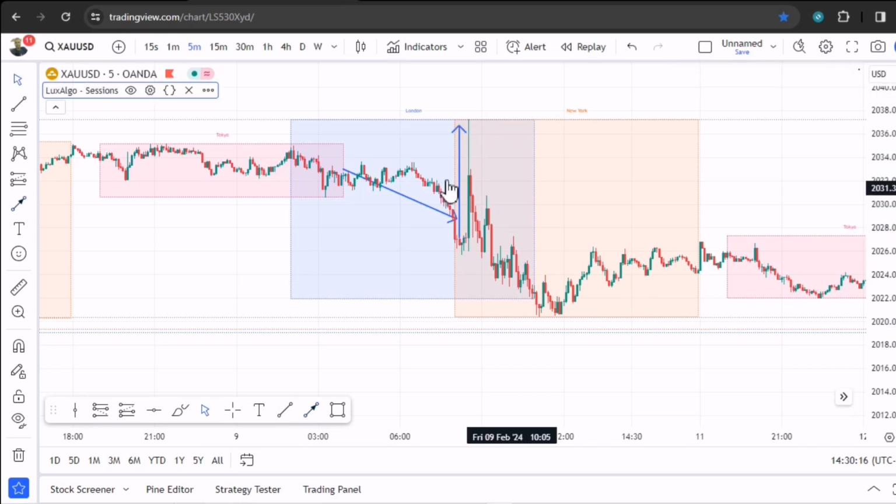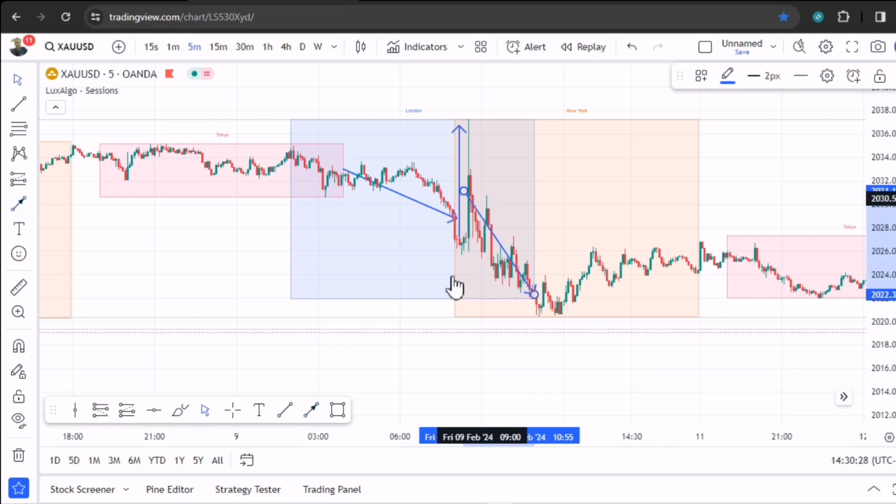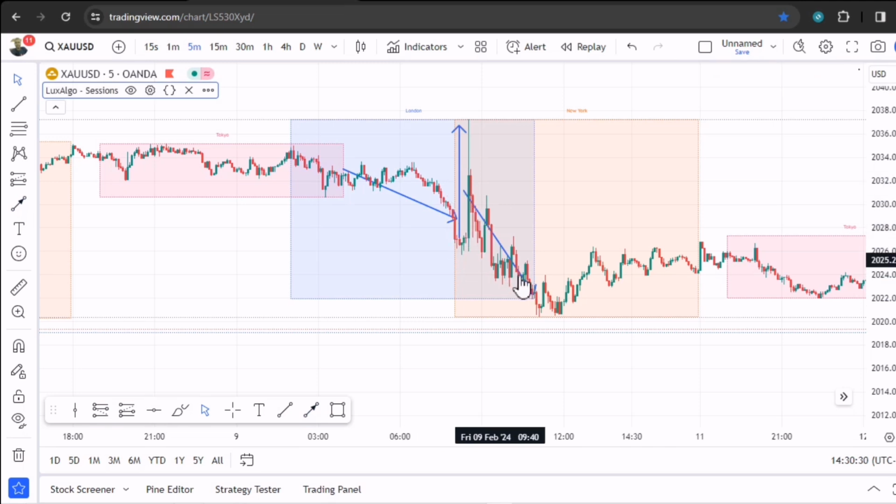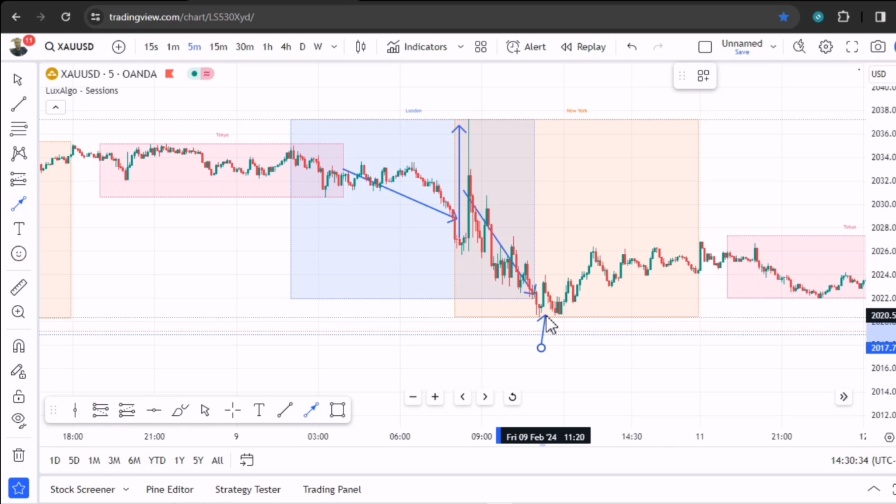But in case for some reason you don't make any money right here, you have to then observe price on this portion where the two sessions overlap. If it was on a downward move, you place buy trades, in the opposite of this move, so that you can cover your losses.